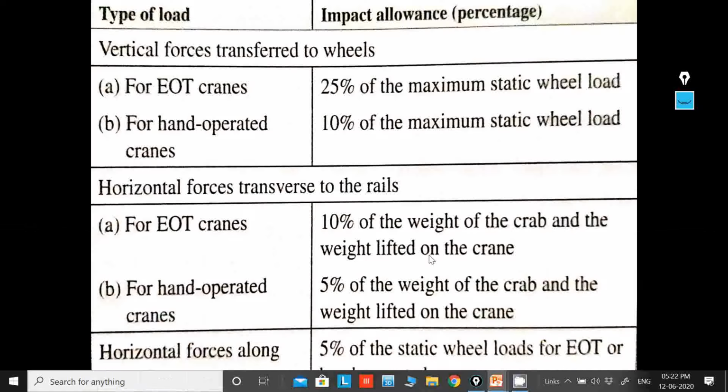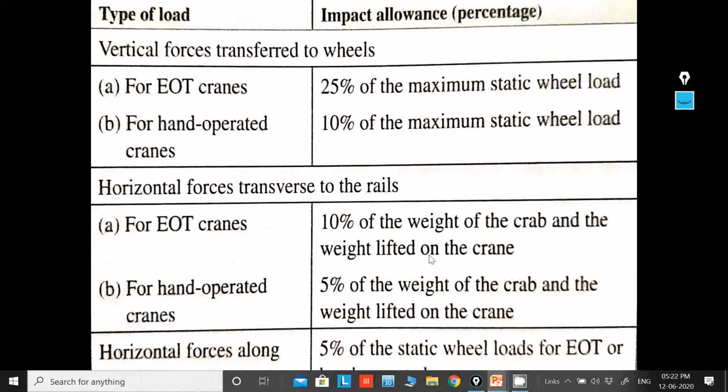When we lift the load in the system using the hook, and it is moved from one place to another and released at the required place, then an impact is felt on the gantry girder.